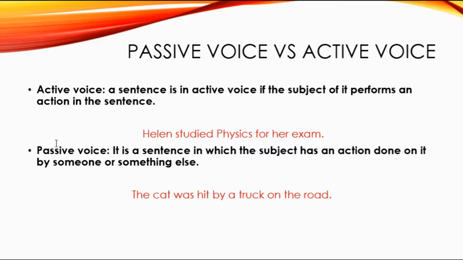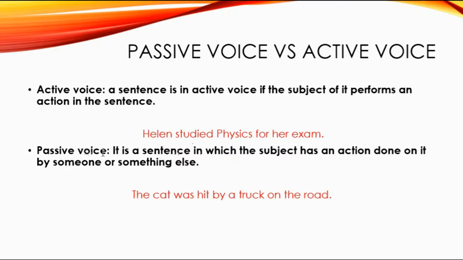Look at this example: Helen studied physics for her exam. So Helen did something. She studied physics for her exam, right? She is performing an action. So this is the active voice.